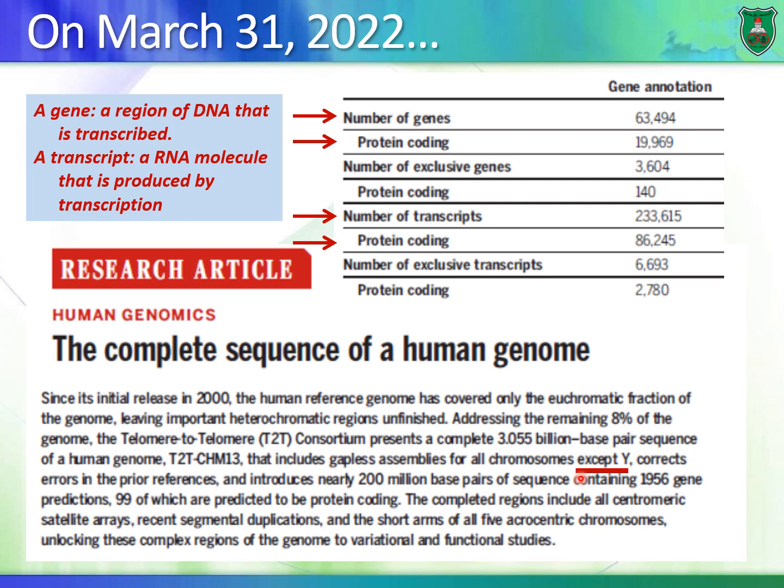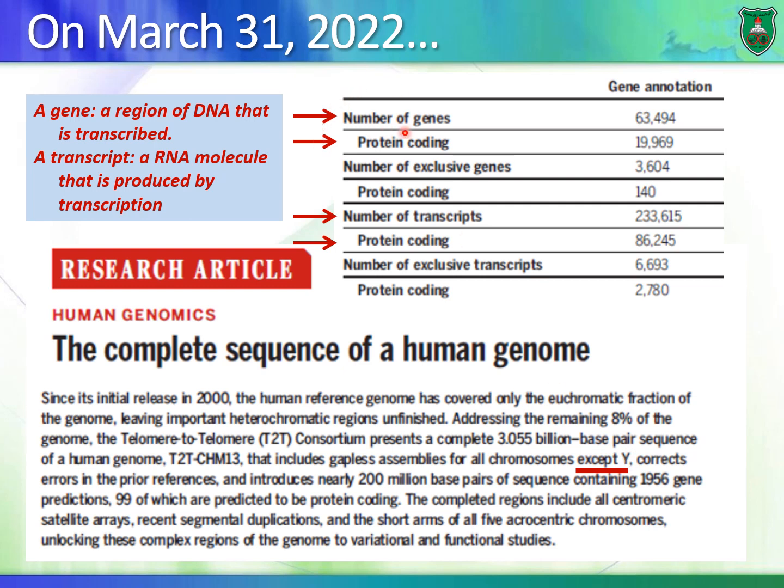Now it has been sequenced, but we still have portions of the Y chromosome that have not been sequenced. Why? Because these sequences contain repetitive DNA sequences. So these scientists were able to sequence everything, including repetitive DNA sequences, except for the repetitive sequences in the Y chromosome.